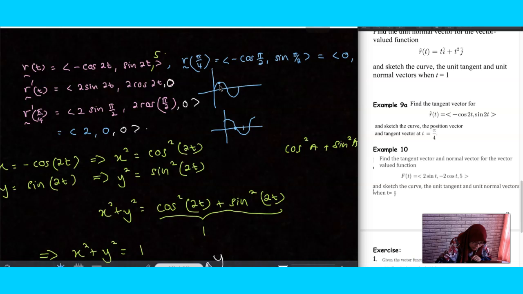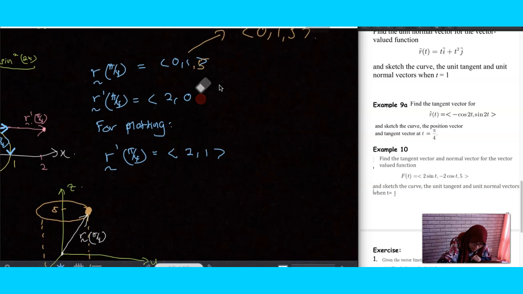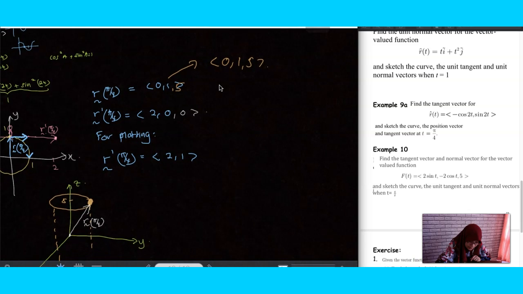So that is your tangent vector 2, 0, 0. For the sake of sketching, plotting, you just add 0 plus 2, you get 2, 1 plus 0, you get 1, and 5 plus 0, you get 5. So this one now becomes 5.